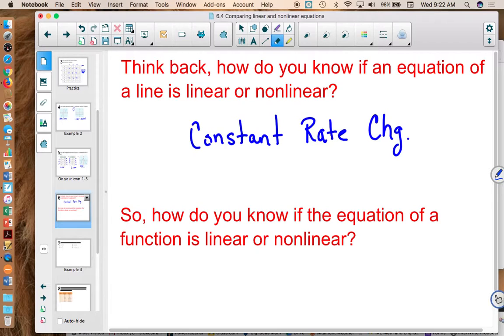It's the same kind of stuff. You know the equation of a function is linear or non-linear for the same reason: constant rate of change. So it's like we did chapter 5 and now we're doing chapter 6 and it's chapter 5 all over again. That's the way you really need to process this, because it makes it so much easier.